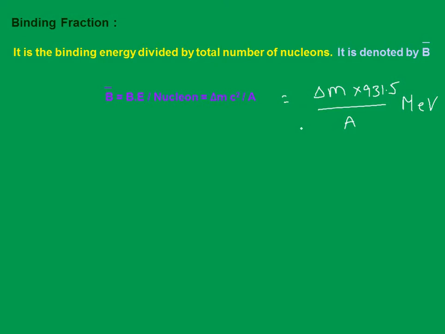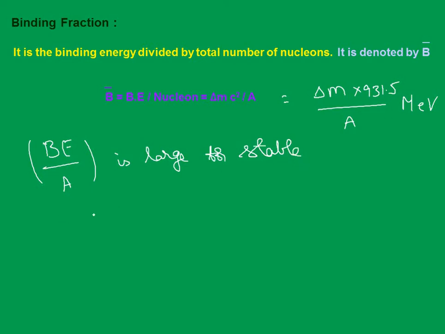So for stable nuclei, binding energy per nucleon is large, and for unstable nuclei, binding energy per nucleon will be small. So binding energy per nucleon, Be by A, is large for stable, which means they require more, and small for unstable.